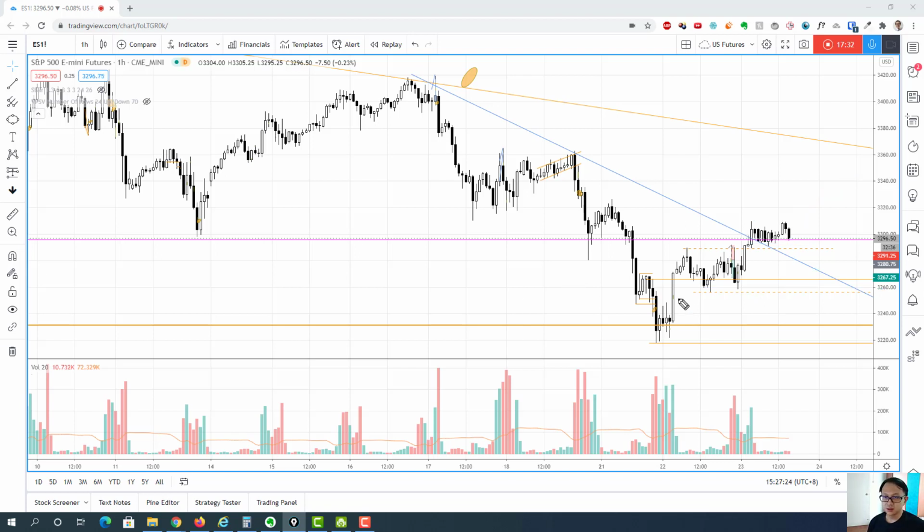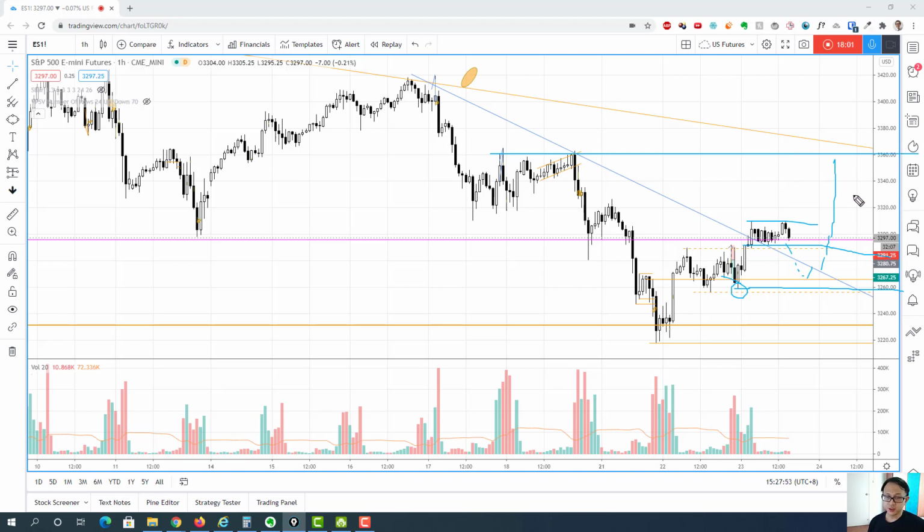So you can see that this is the previous day low, and that's pretty much the day high here, and that's the non-RTH high. So I think the day low will provide some kind of support. So if it can stay above, then the S&P 500 will still have a chance to go back to test the immediate resistance level at 3360.